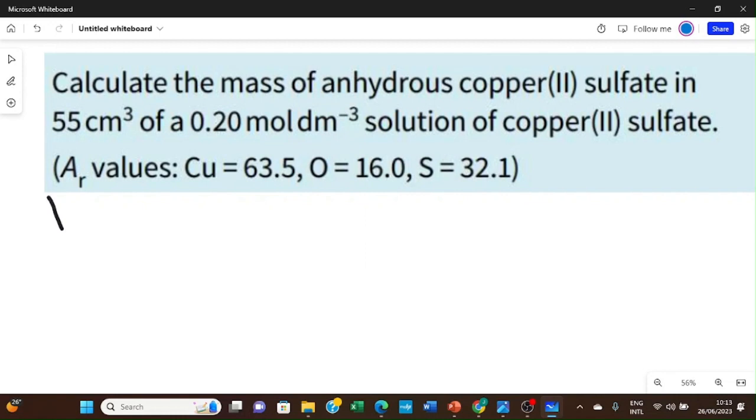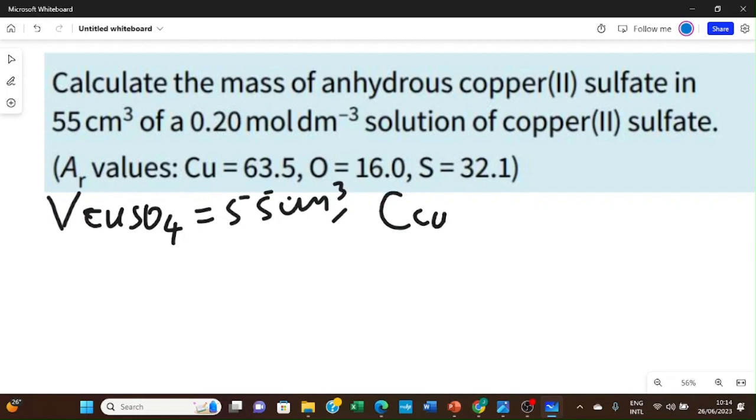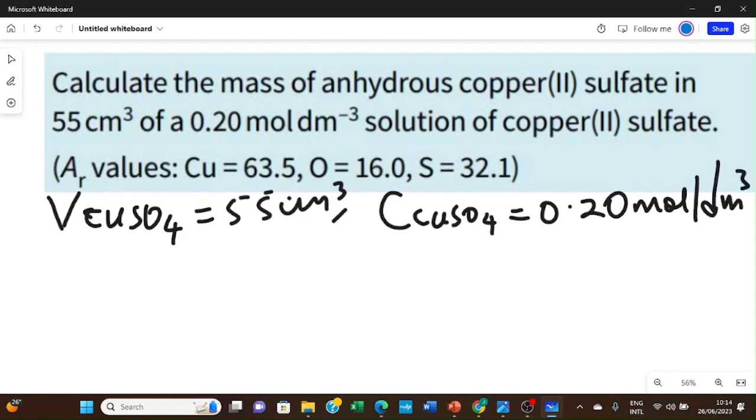The volume of copper 2 sulfate is equal to 55 cm cube. The concentration is 0.20 mole per dm cube. So you have to calculate the mass.